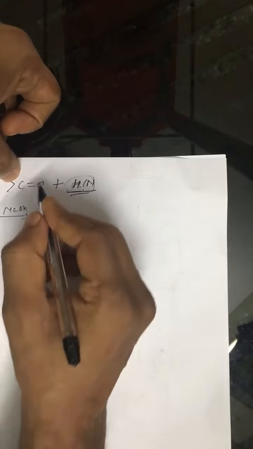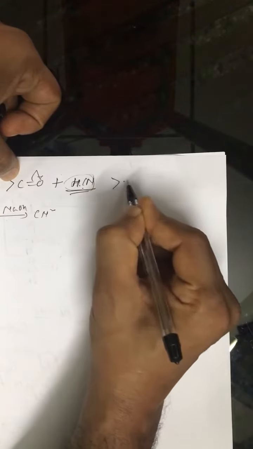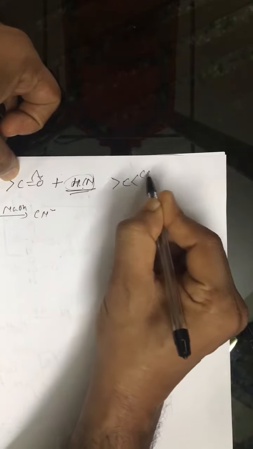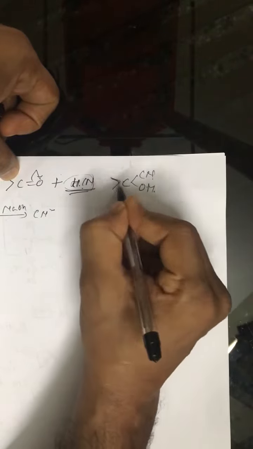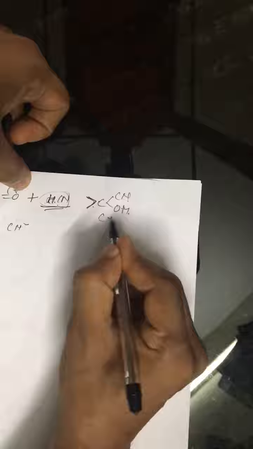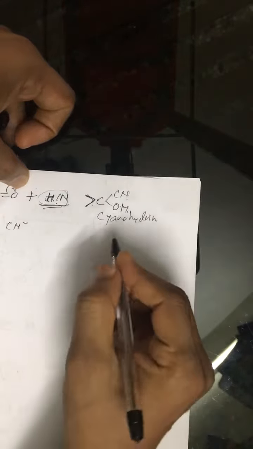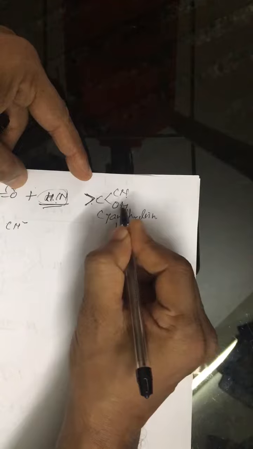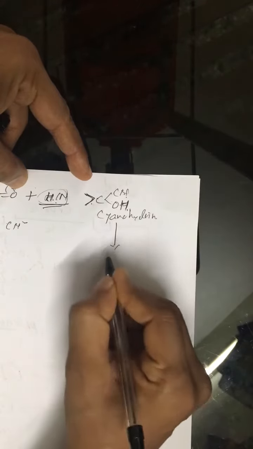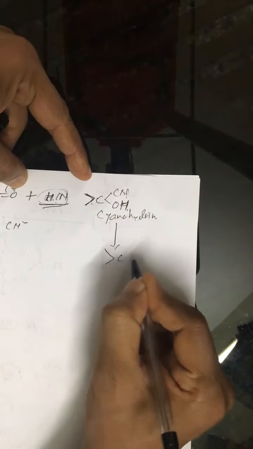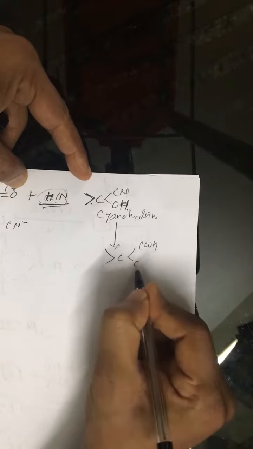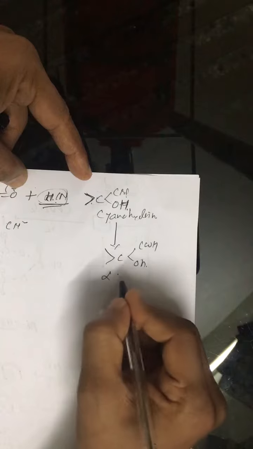And this CN negative attacks on this carbon atom to produce CN and O negative, and then H positive attacks and we get cyanohydrin. This product is called cyanohydrin. Alright. And the cyanohydrin on hydrolysis, since we have cyanide group, produces COOH group. We get alpha hydroxy acid.